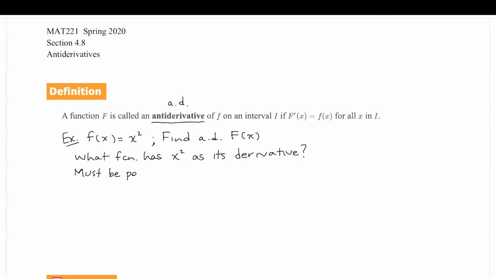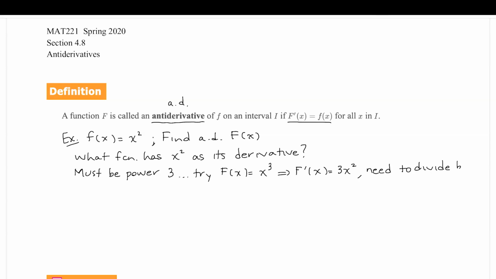So hopefully immediately you can start thinking, well, it must be a cubic, right? It must have a power of 3 so that when I take the derivative of something cubed, then I will get something squared. So we could try, for example, just x cubed. And as the definition says, cap F prime, so if I take this cap F and find its derivative, 3x squared, that's supposed to equal the little f that I started with.